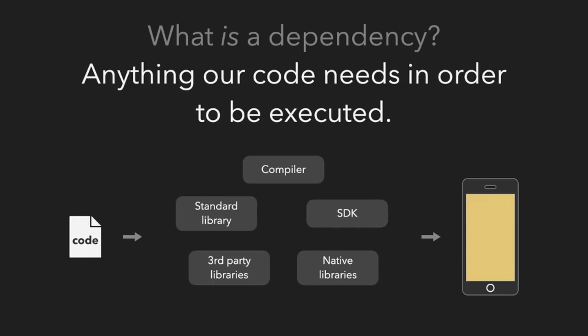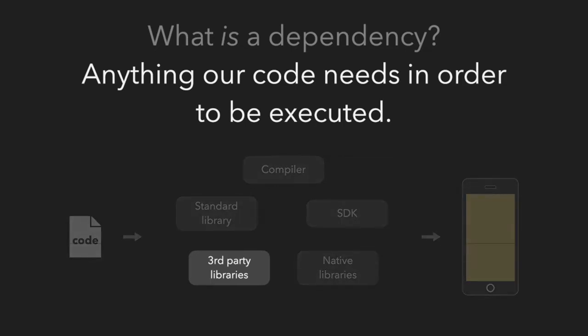In particular, if we look at this list, we notice that not all dependencies are equal. Some dependencies are more important than others. For example, if we take into consideration third-party libraries, so things that we found on GitHub and that are useful for our code, we'll probably think that we don't depend on these that much because these aren't that hard to replace if we had to.